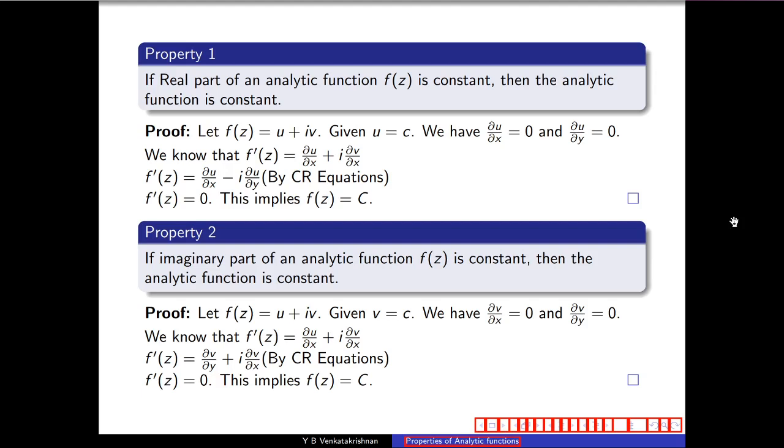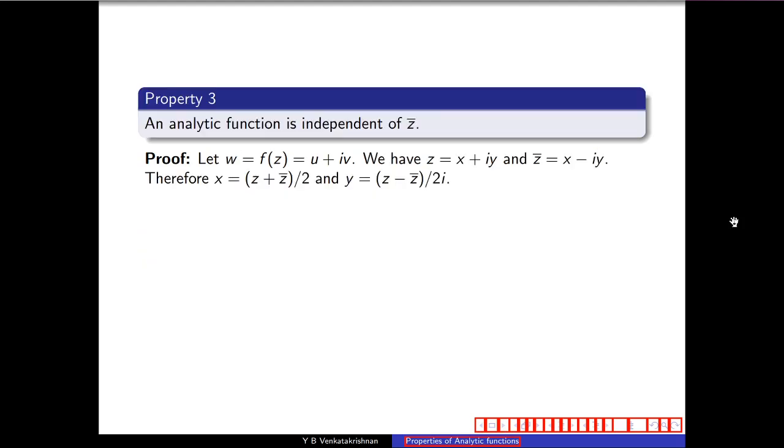When the real part or the imaginary part of f of z is constant, then the entire analytic function is constant. You can also try this as a practice problem, but of course here I have not included it as one of the properties. This will follow the same lines as property 1 and 2.